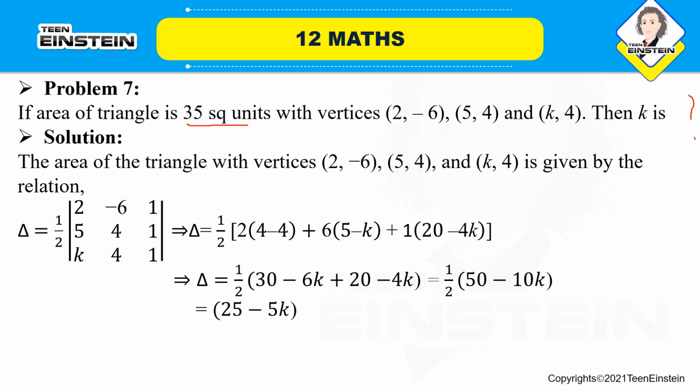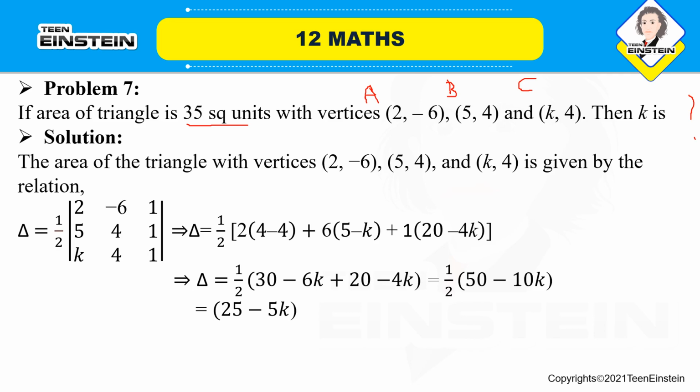That is the problem here. Okay. So here the first vertex is taken as A of 2 comma minus 6. The second vertex is taken as B of 5 comma 4. Third vertex is taken as C of k comma 4.